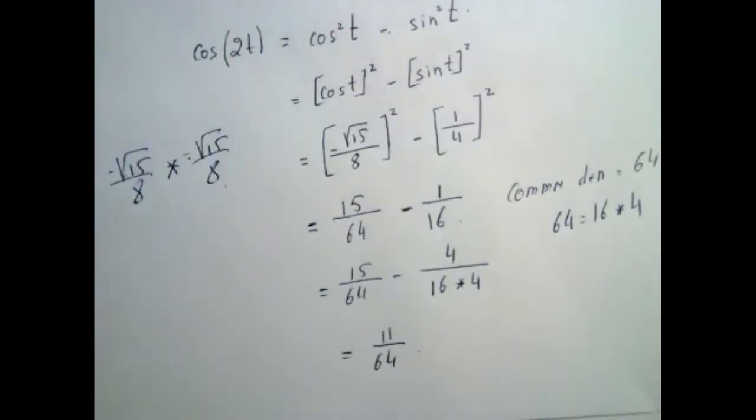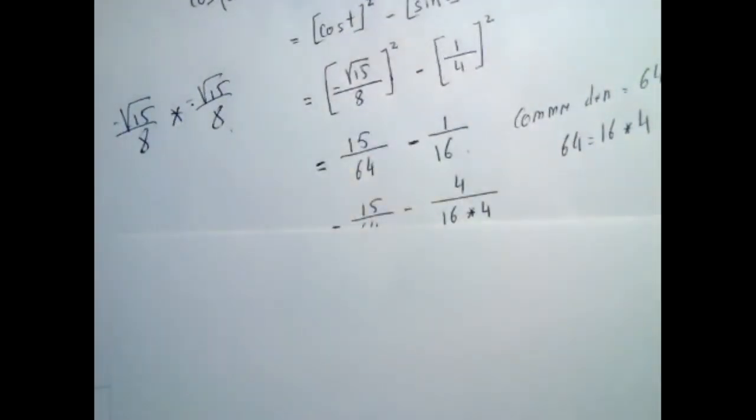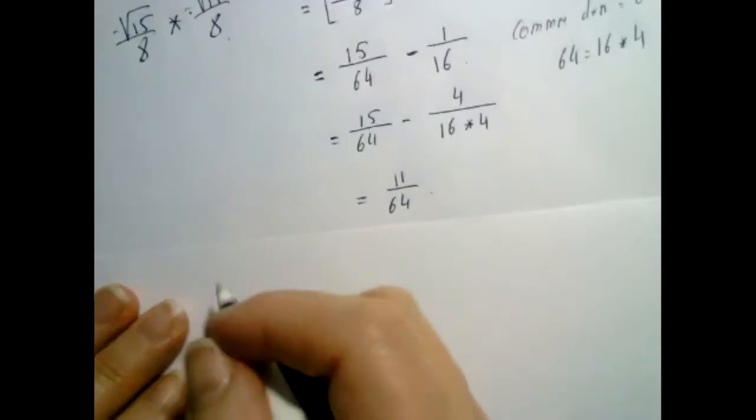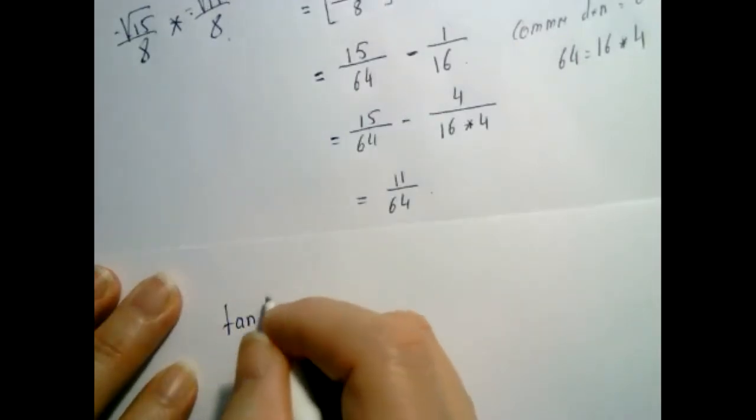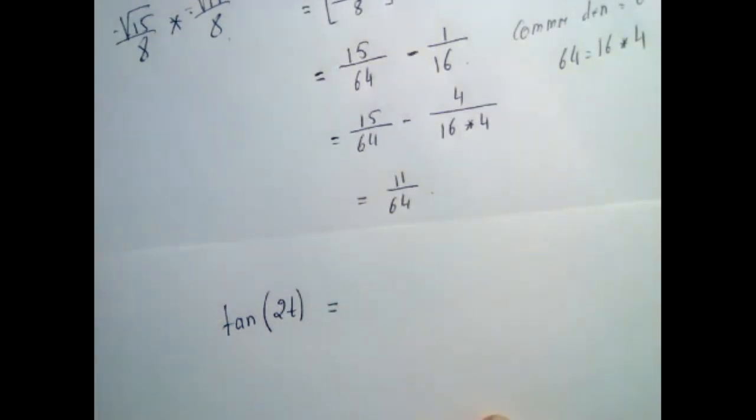So now I have the sine 2t and I have cosine 2t. Now what's the tangent of 2t? Well, I have a lot to work with. What's the tangent? Is this now hard or easy?